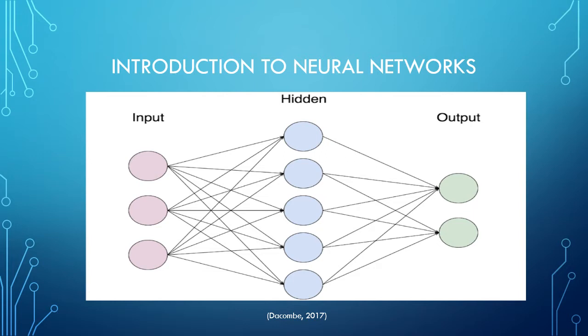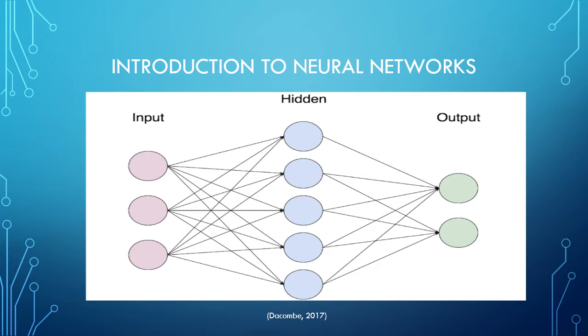Really, what neural networks are is a model of how a brain works. So we have an input layer followed by a hidden layer or multiple hidden layers, and then an output layer. All of these layers can be variable sizes.